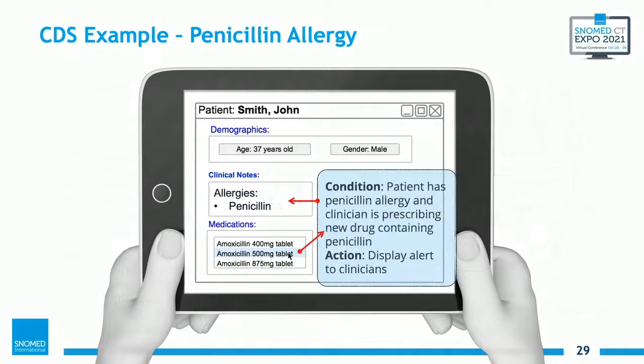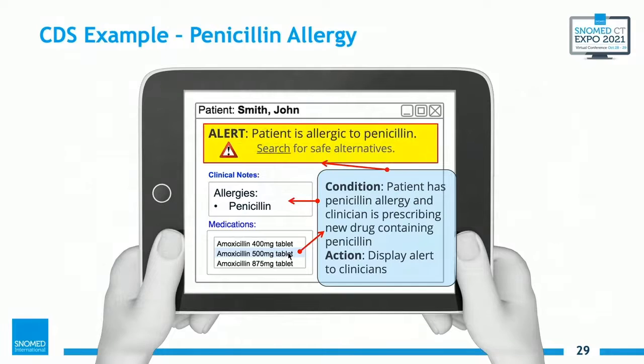However, upon prescribing this drug, we have a clinical decision support rule which checks to see if the patient has a penicillin allergy. And in this case, John Smith does have a penicillin allergy. So then an alert is displayed to remind the clinician of the allergy, and perhaps provide a mechanism to search for safe alternatives.